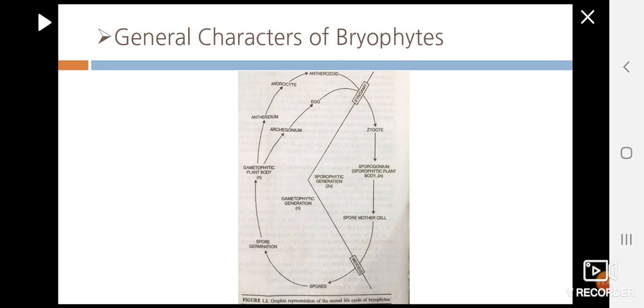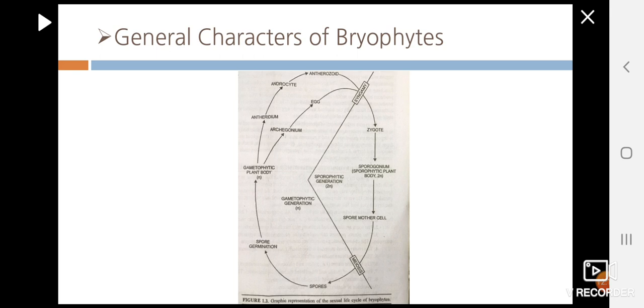The zygote develops to form the sporogonium, which is diploid. Now, sporogonium produces the spore mother cells, which undergo meiosis and produce the spores. So, spore mother cells are diploid, whereas the spores which are formed by the process of meiosis are haploid. Again, the gametophytic generation starts.